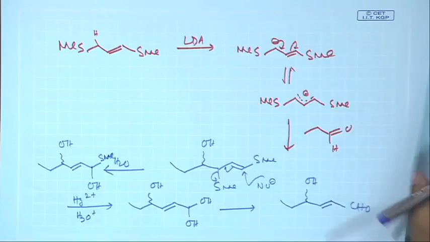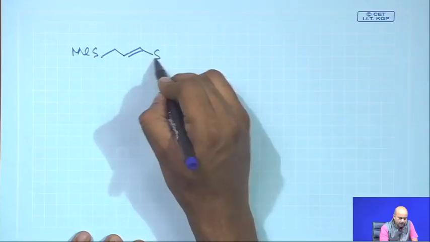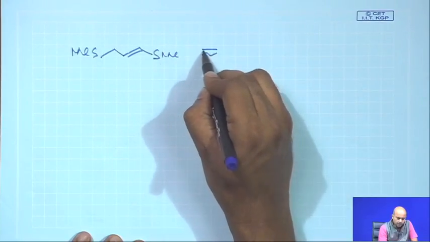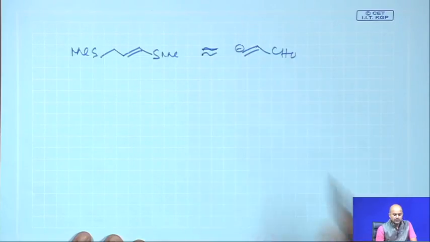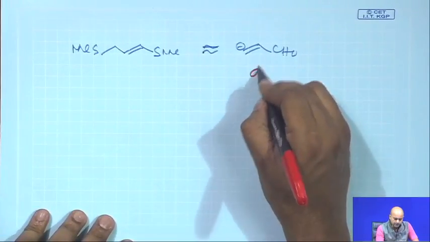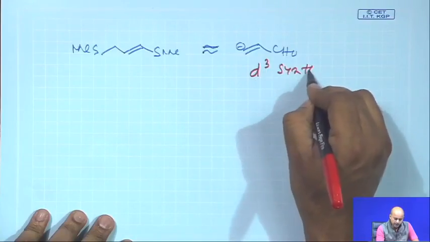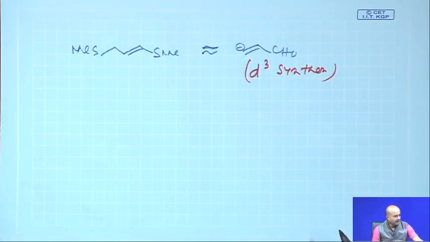So, in the whole process, this initial compound which has been synthesized, this allyl vinyl sulfide, was the equivalent of this vinylic aldehyde. The whole process was acting as a d3 kind of synthon, definitely, and this is a donor synthon reacting with an acceptor synthon.